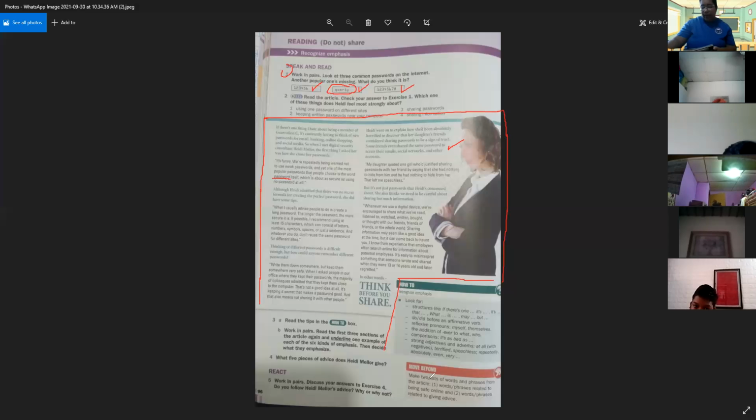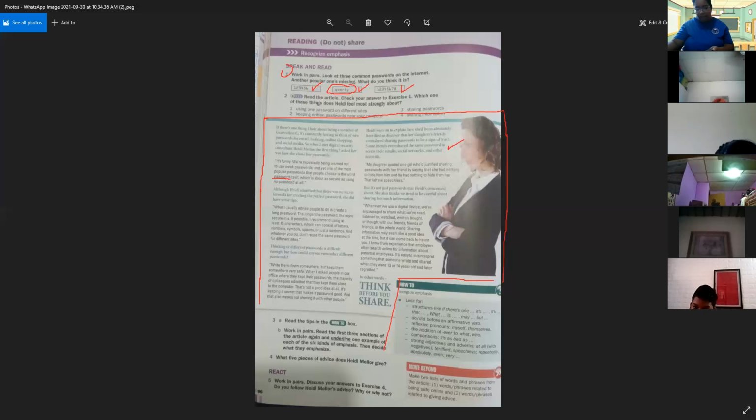But it's not just a password that Heidi is concerned about. She also thinks we need to be careful about sharing too much information. Whenever we use a digital device, we're encouraged to share what we read, listen to, watch, write, with our friends, friends of friends, or the whole world.